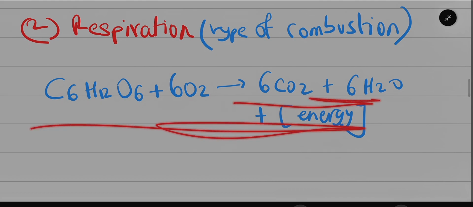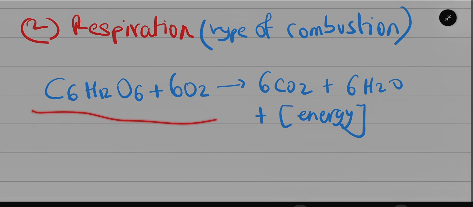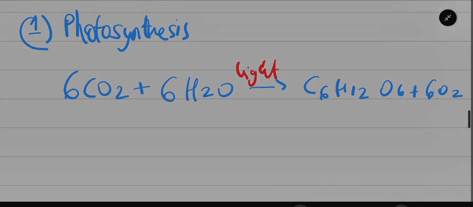There you have carbon dioxide and water plus energy on the product side, and glucose and oxygen on the reactant side. But over here you have glucose and oxygen as products and carbon dioxide and water as reactants. So it's basically the opposite reaction. Here glucose is being made, and there glucose is being burned to provide energy.